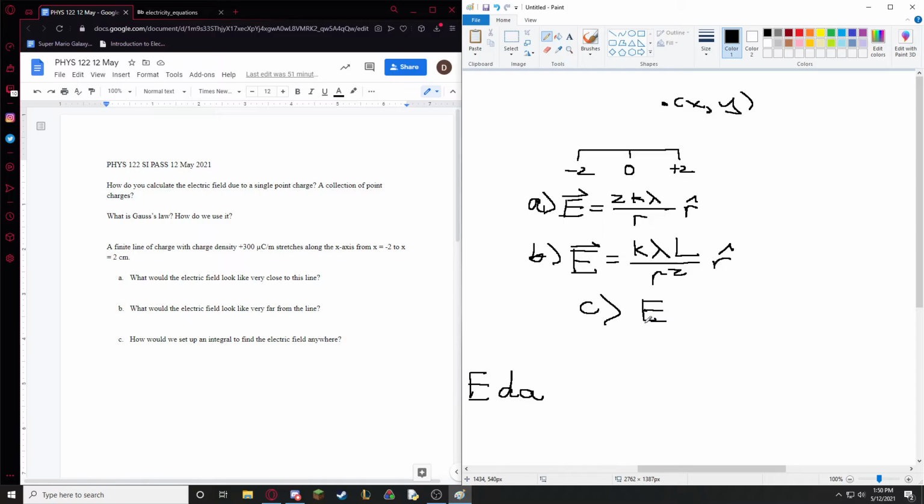Normally it's the distance from the charge. And so how do we find that in terms of things we know? How do we get this distance squared? You know how far away it is in the X and Y direction, so you can just use the Pythagorean theorem. Exactly, the Pythagorean theorem.